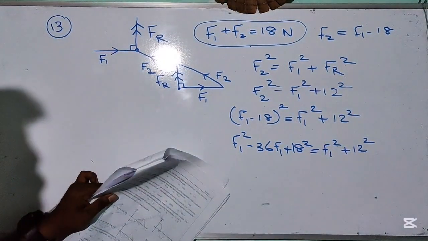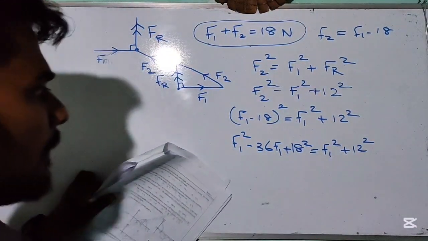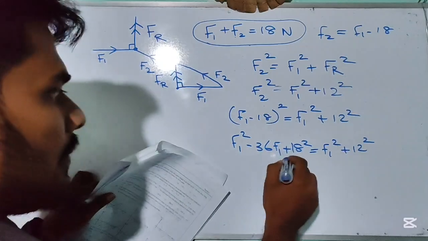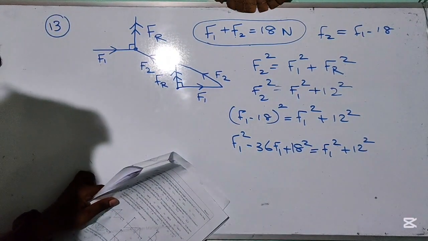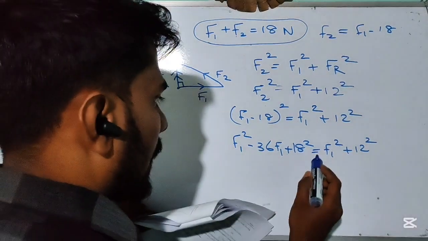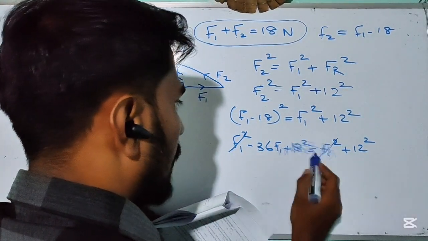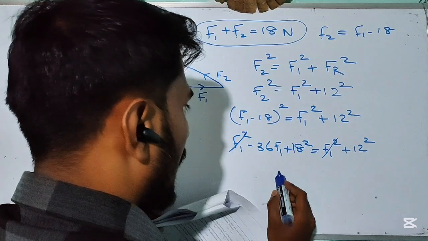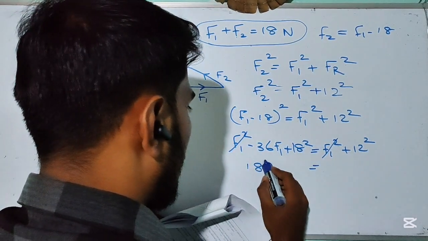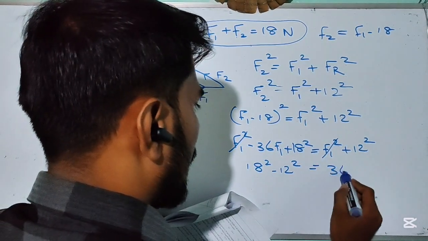Okay. Now how can we solve this one? F1 squared cancels, so we can find it. Okay, if we can cancel this one, no? So the minus 36 F1, and so 18 squared minus 12 squared equals 36 F1.